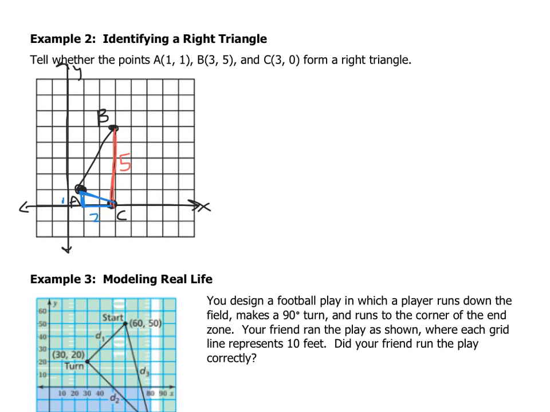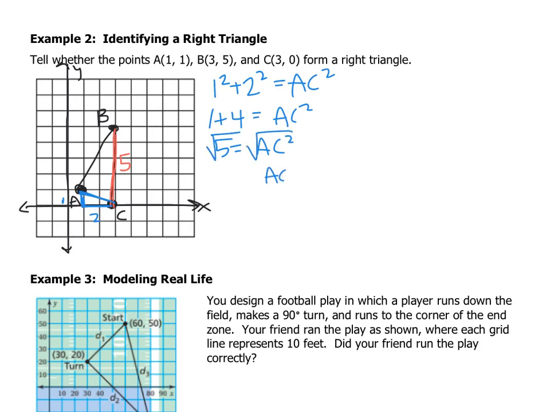In order to find AC, I'm going to do 1 squared plus 2 squared equals, I'll call it AC squared, just so we know what I'm looking for. So that's 1 plus 4 equals AC squared. So the square root of 5 is going to be the length here. Now, I'm going to leave it as the square root of 5. You'll understand later.